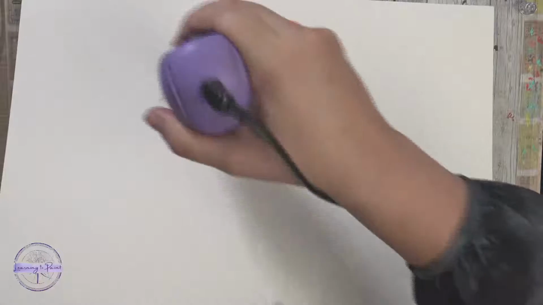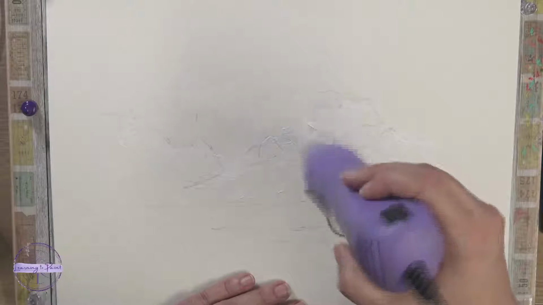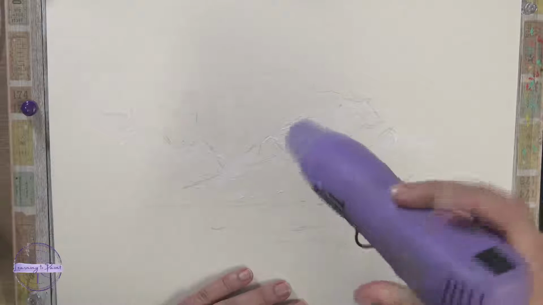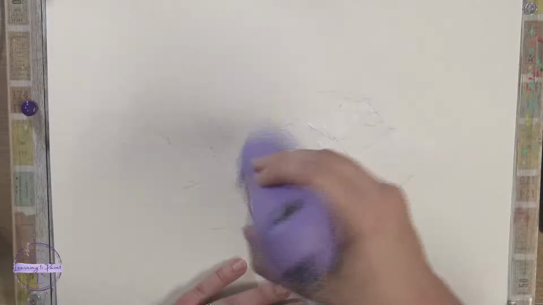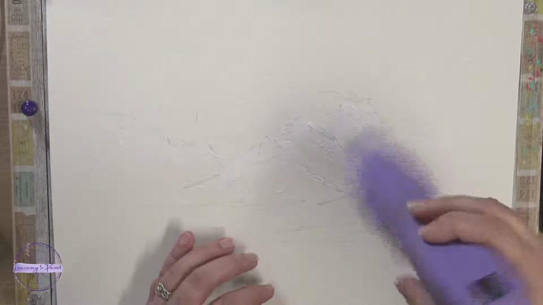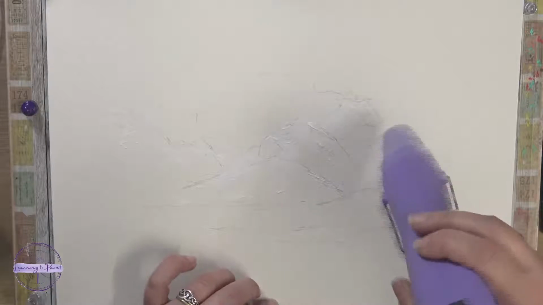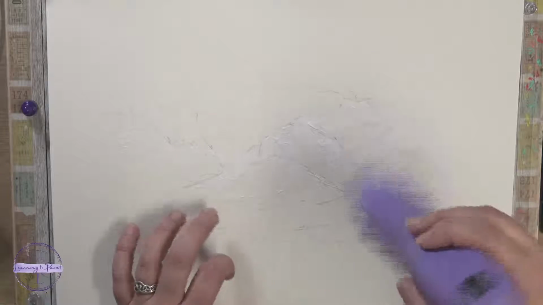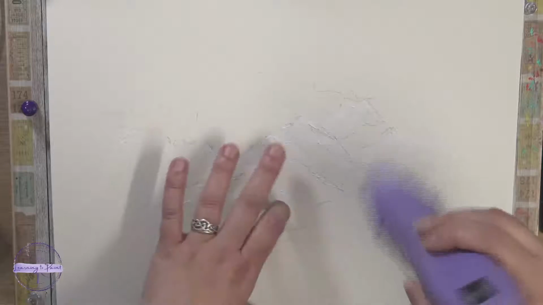So Julie has provided an excellent question. Julie says, if you have plenty of time for drying, could you use gesso instead of the acrylic paint? Yes, Julie, you absolutely can, but you will get a very different effect because gesso will actually take on part of the colour. Acrylic paint tends to repel it.